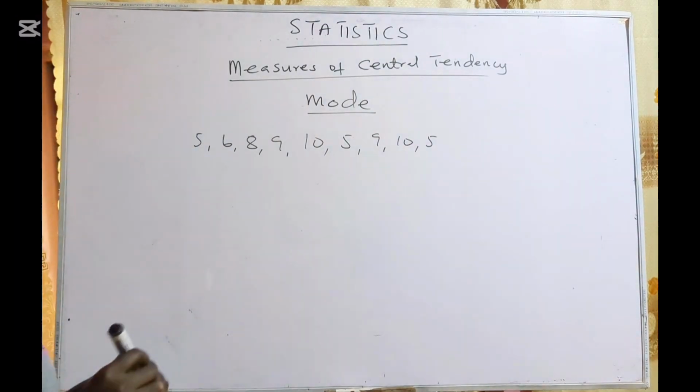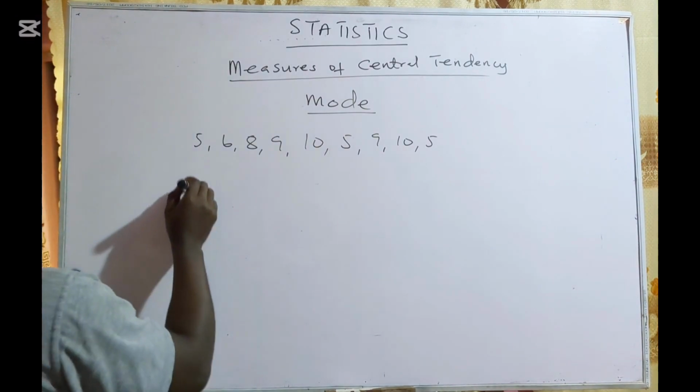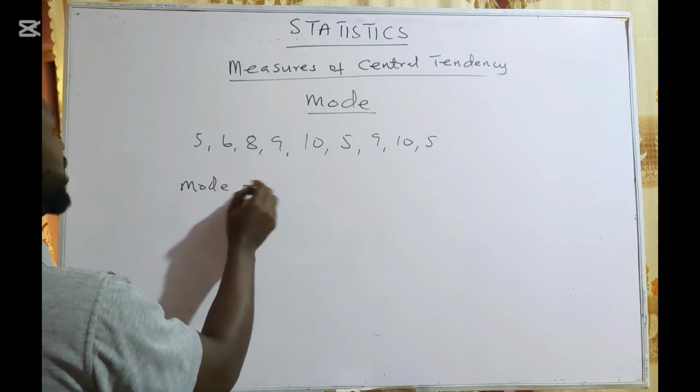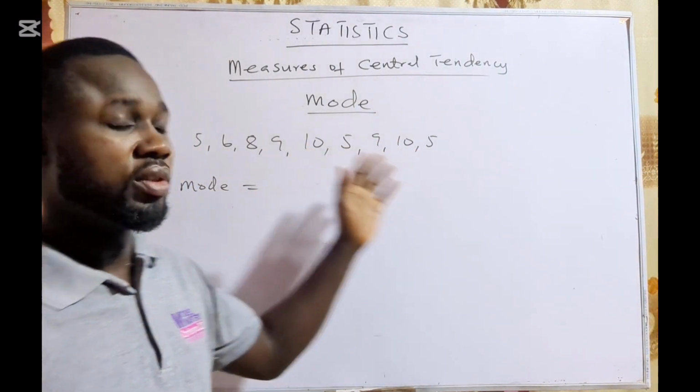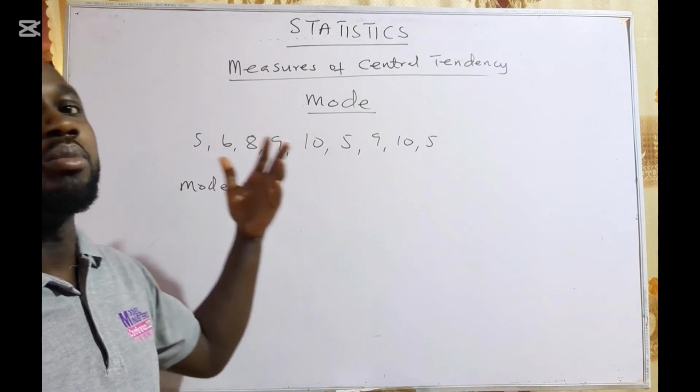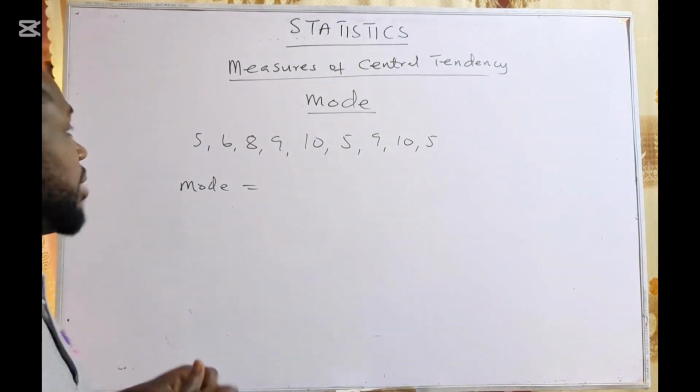And I'm asked to find the mode. So what will be my mode from this given data? I'll look at the data that I'm given. The value that appears the most will become my mode.